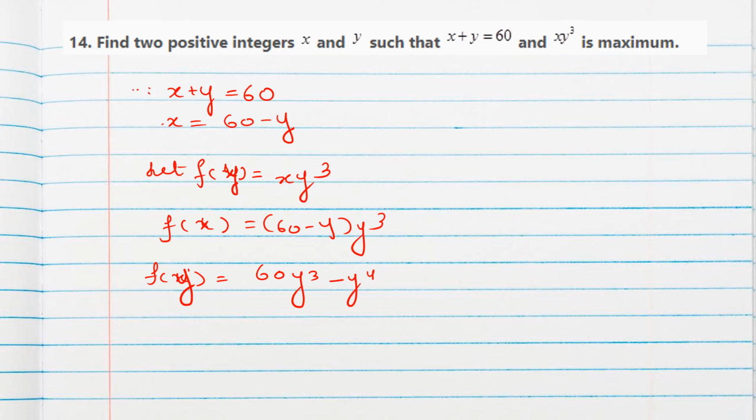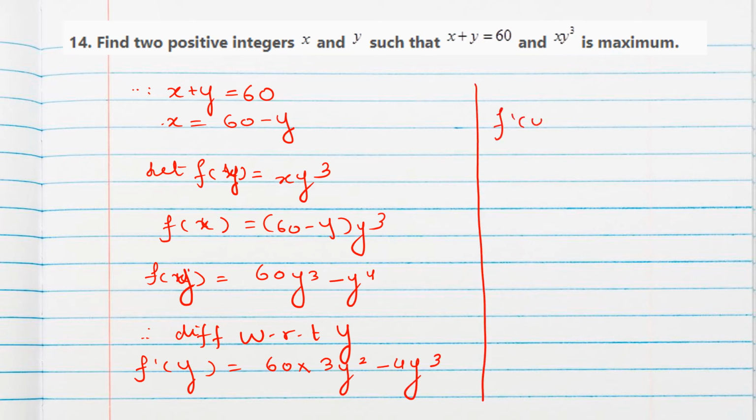Okay, now this is a function of y, so we will differentiate with respect to y. First step is to find the derivative. So f dash of y will be 60 into the derivative of y cube, which is 3y square, minus 4y cube.